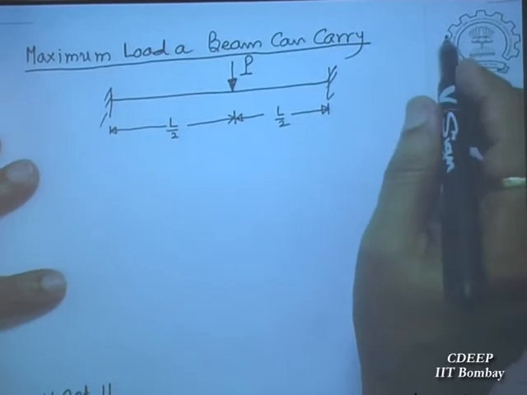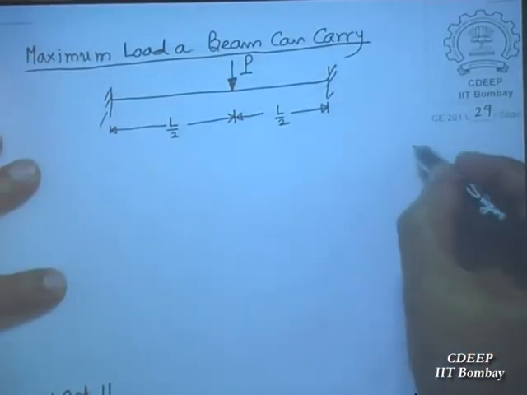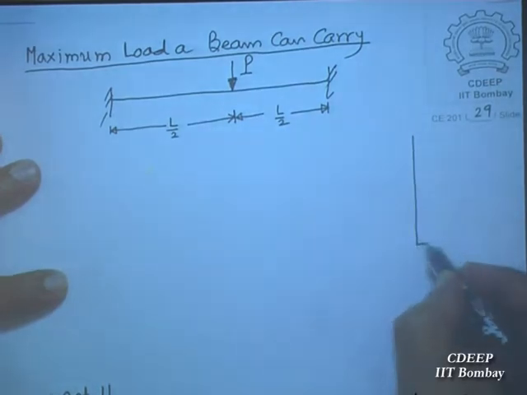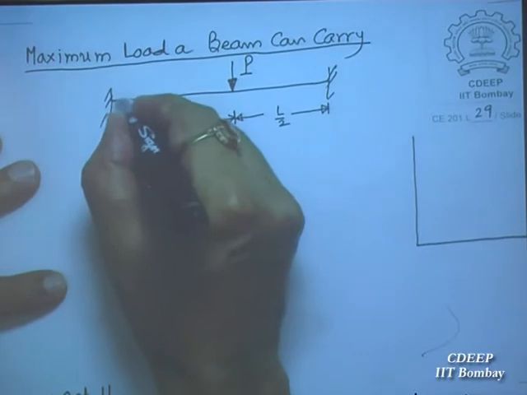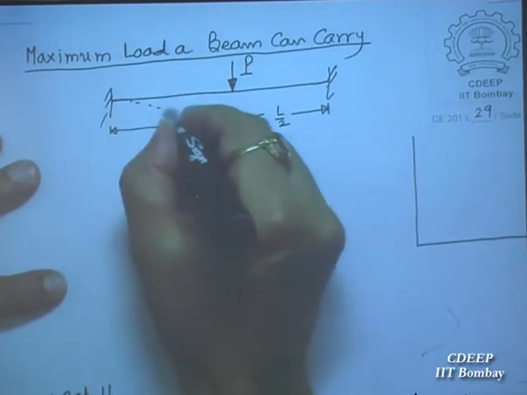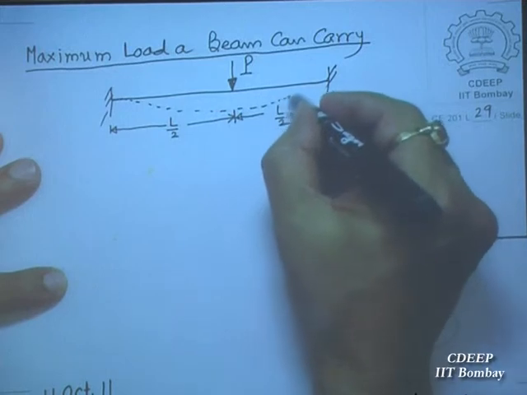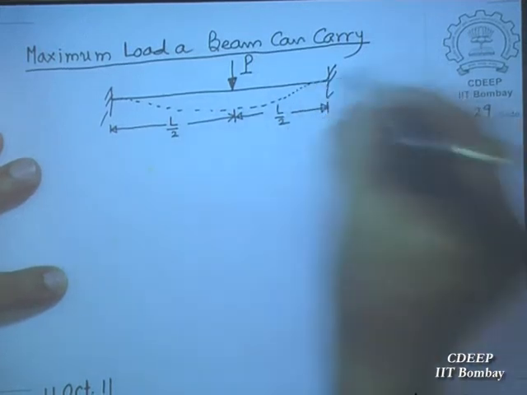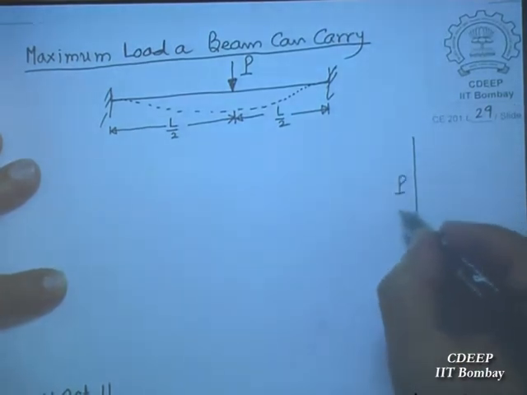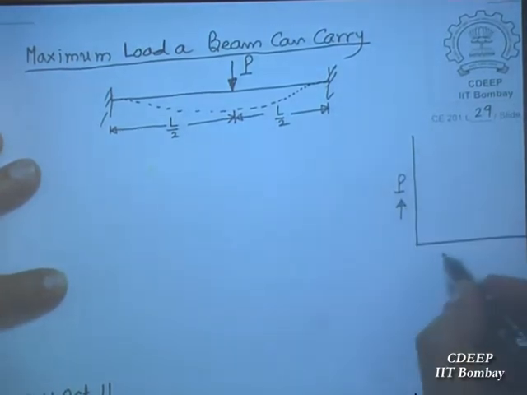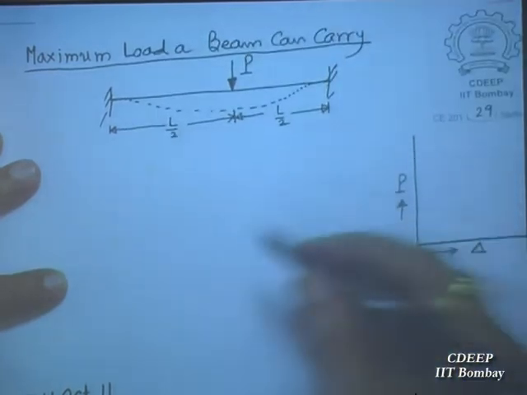But the basic idea is that when you increase the load from 0, this will deflect. Can you please sketch the deflection of this beam? What is the difference in the deflection pattern of this beam and that of a simply supported one?